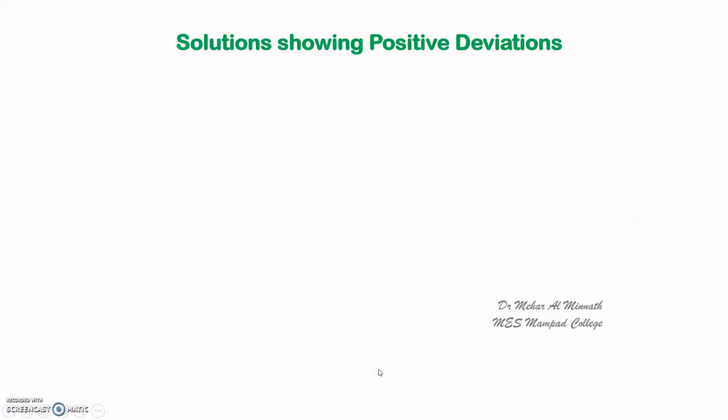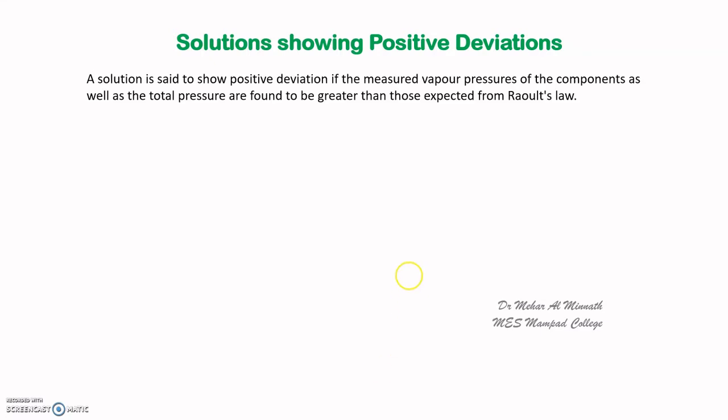Now, when the solutions show positive deviation, they do not obey Raoult's law, we know that. In solutions which show positive deviation, the vapor pressure of the individual components in the solution, and the total pressure of the solution, is found to be greater than what is expected from Raoult's law.